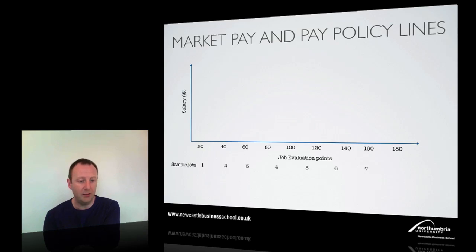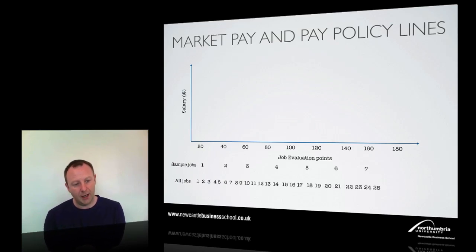So we identify a range of sample jobs that are representative of all of the jobs in our organisation, however we have divided them up. And so then we price them using our pay survey. We match the sample jobs to the jobs in the survey as best we can, and we identify what the rates of pay for those jobs might be.